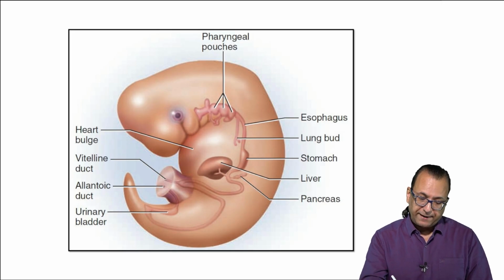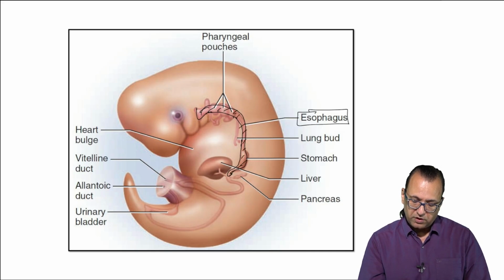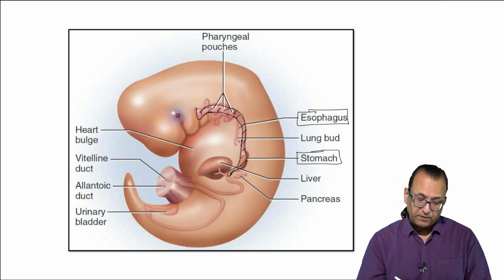So as we are marking, you can mention this is the region of the foregut where we see structures like esophagus or stomach or proximal duodenum develop from foregut.